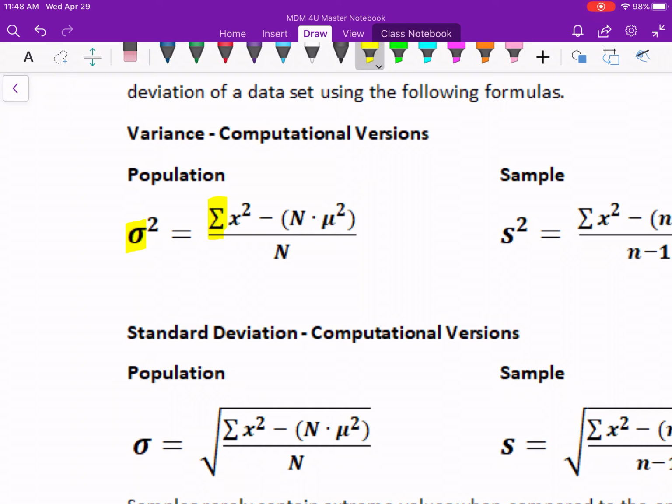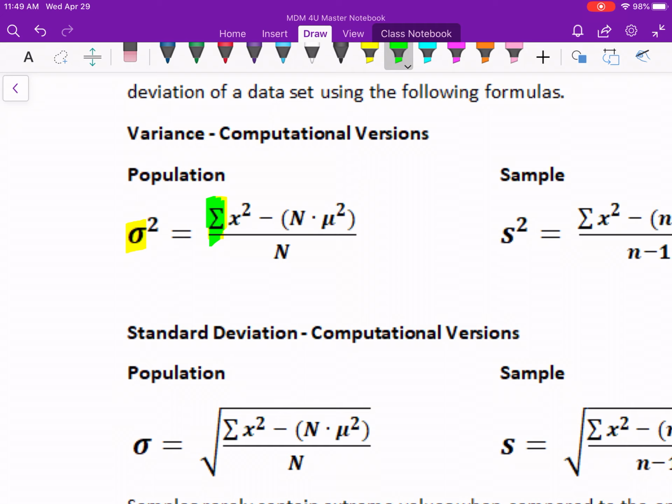So sigma squared is equal to the sum of, remember this uppercase one definitely is sigma, and it means add together everything that comes after it. So it's saying add up all the x squareds, where x is just the variable that stands for all the different data pieces, and again, we'll go through an example of this.